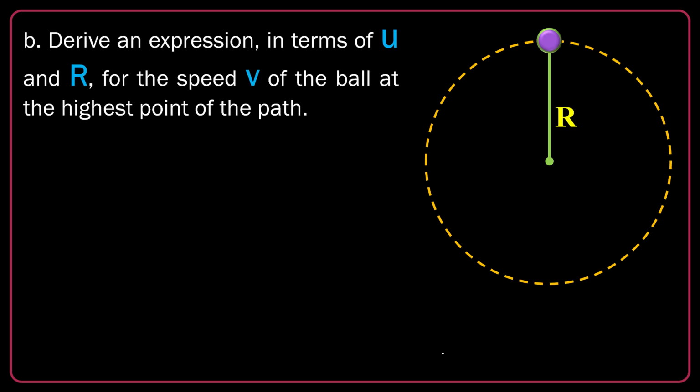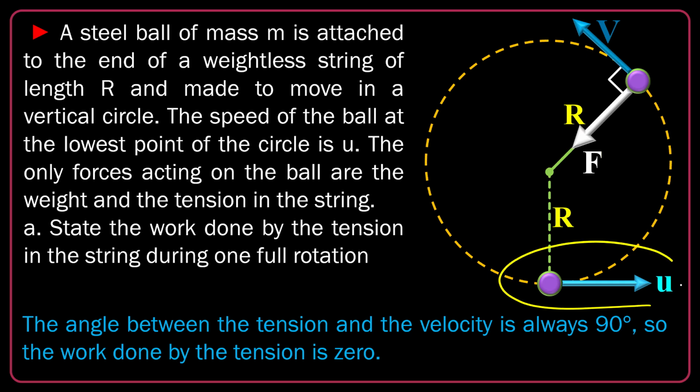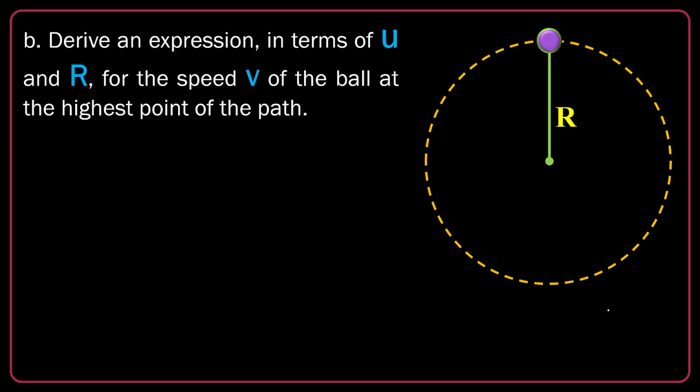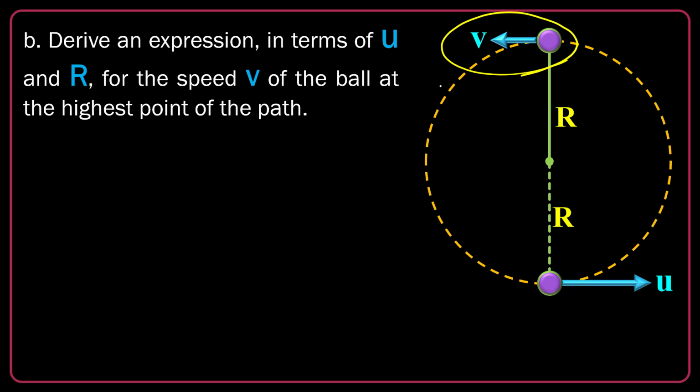Part B. Derive an expression in terms of u and r, u was the speed at the bottom part, for the speed v of the ball at the highest point of the path. Okay, so here we have the speed of the ball at the top point to be v. At the bottom point, we have the speed of u. Let's do it.